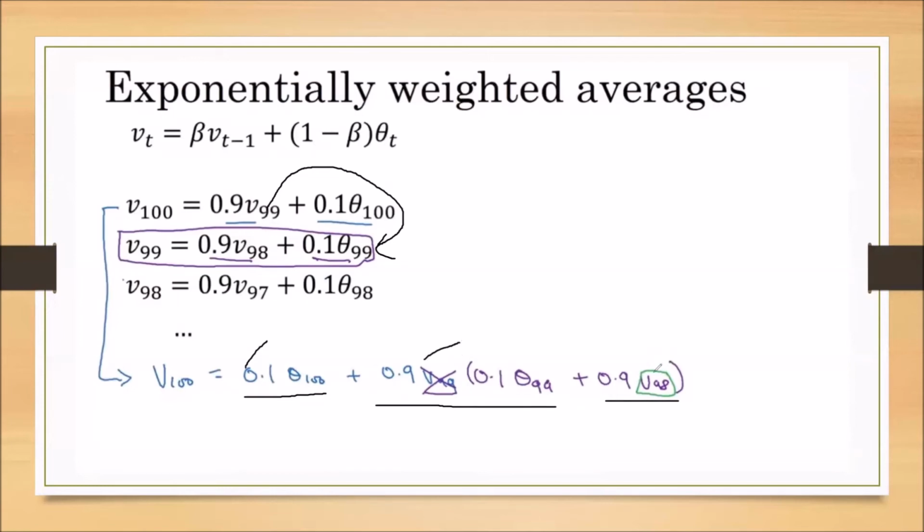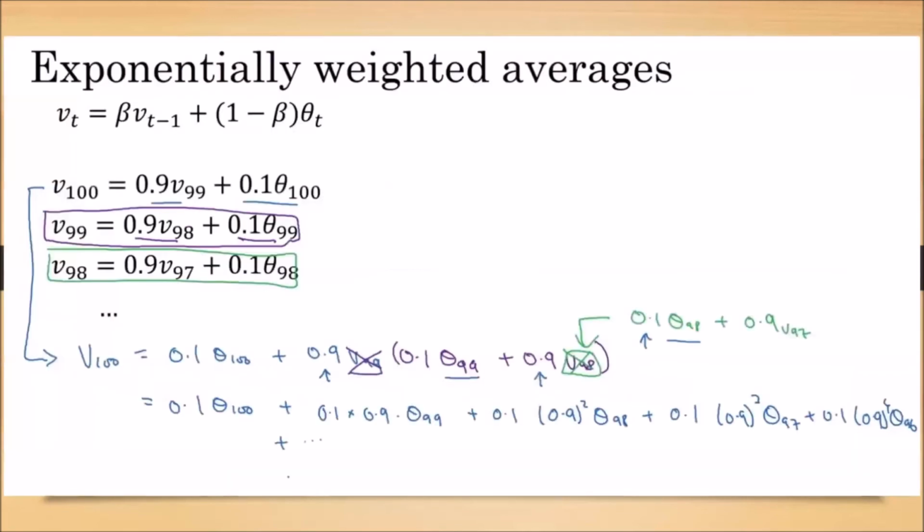Now, if we substitute V98 in this equation, and so on, if in V98 we substitute V97, what is the final equation we are getting? This is the final equation: 0.1 into theta 100, 0.1 into 0.9 into theta 99, 0.1 into 0.9 square theta 98, 0.1 into 0.9 cube theta 97, and so on.